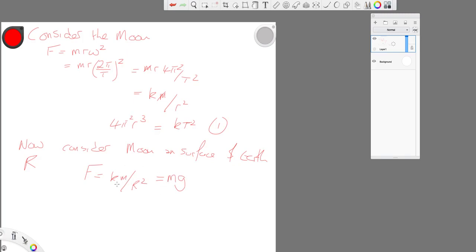So we can then get an expression for k, which equals R squared g. Now, we have an expression for k, R squared g, which we can put in here. So let's do that.